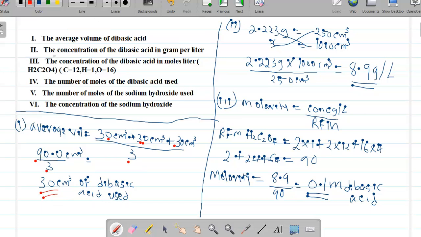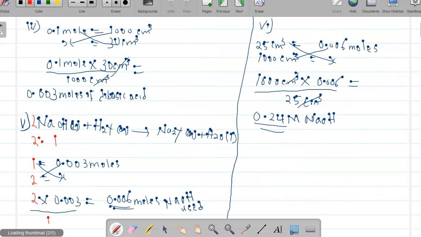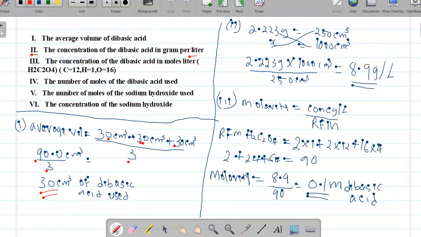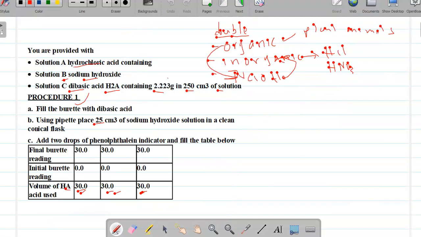Roman 2 asks to calculate the concentration of the dibasic acid in gram per liter. We have learned that first you get the mass. The mass of the dibasic acid is 2.223 gram. The total volume is 250.